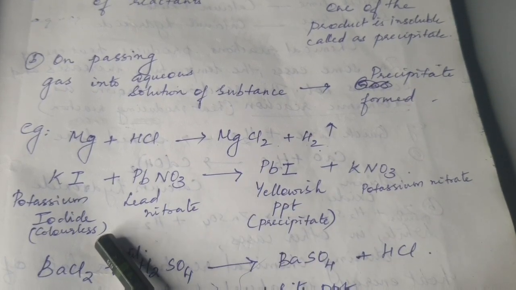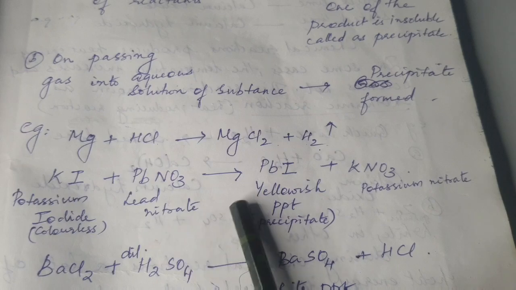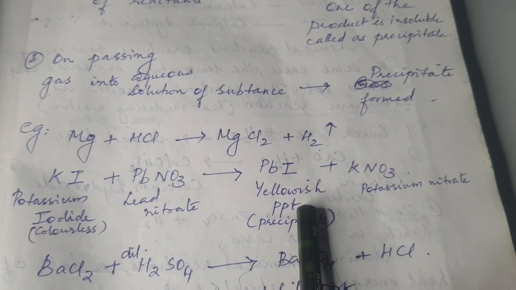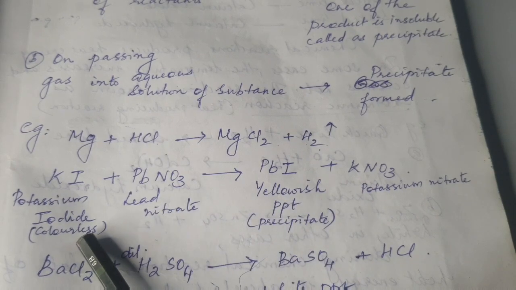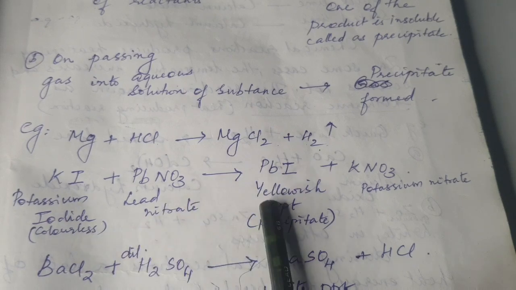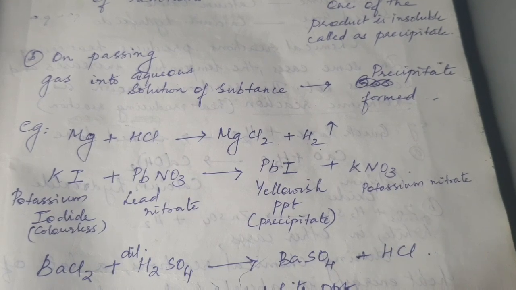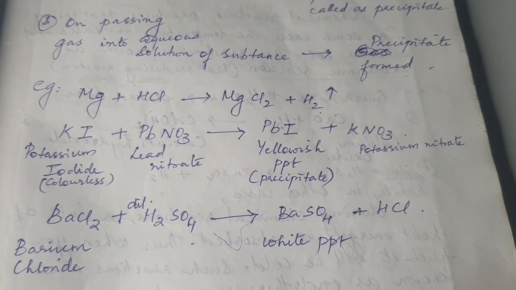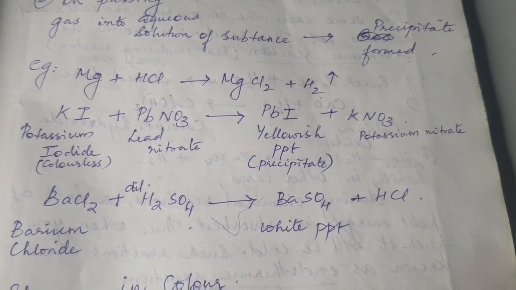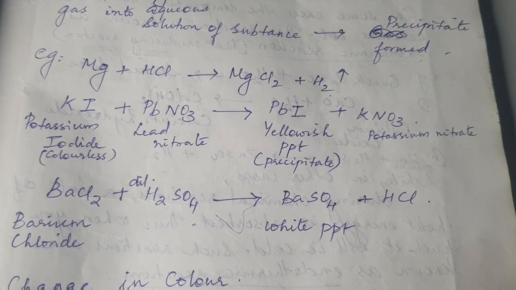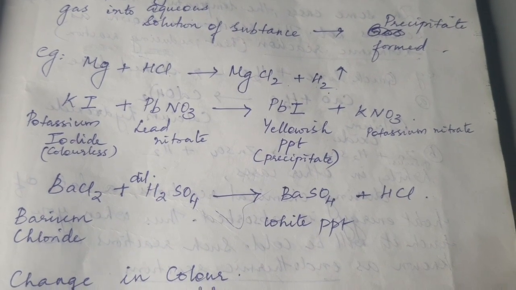And here you can see that the potassium iodide is colorless, and lead iodide will be the precipitate, and it will be yellowish in color. So the colorless potassium iodide solution gives a yellow precipitate, that is PbI2, plus KNO3. One more example: barium chloride is treated with dilute sulfuric acid. Then you get a white precipitate of barium sulfate and hydrochloric acid.